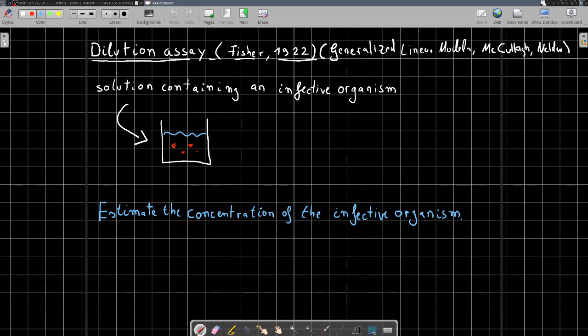Okay, so in this video I want to talk about a particular example given originally by Fisher in 1922, and I read that in the book Generalized Linear Models by Gößler and Nelder, about the use of generalized linear models or the derivation of the generalized linear models in some particular application.